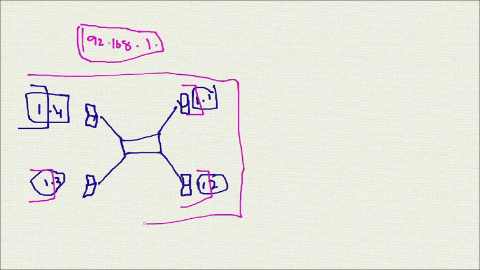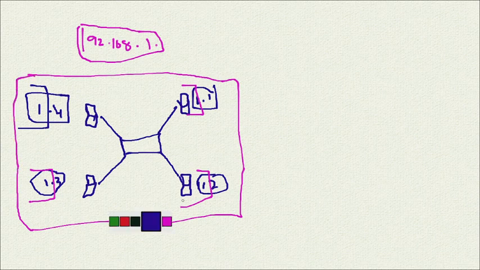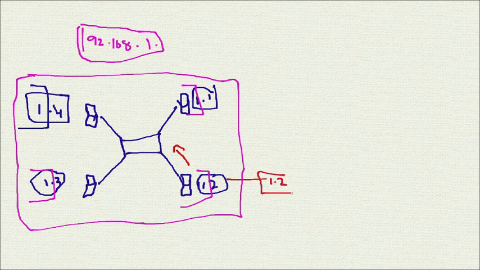Since they are configured in the same network, if this person wants to reach another person, he pings. The device 1.2 wants to ping 1.4, so the request is sent to the switch.